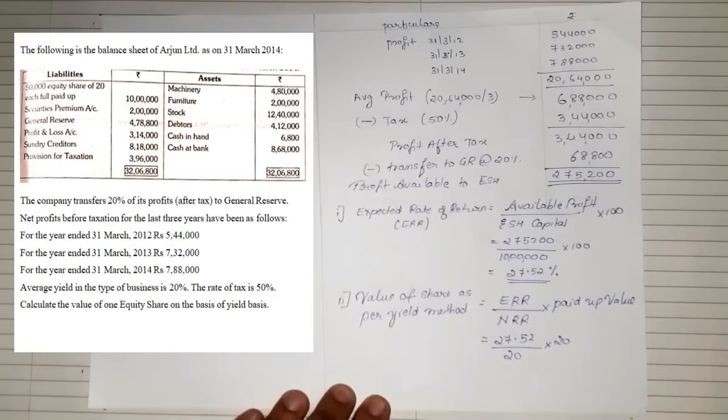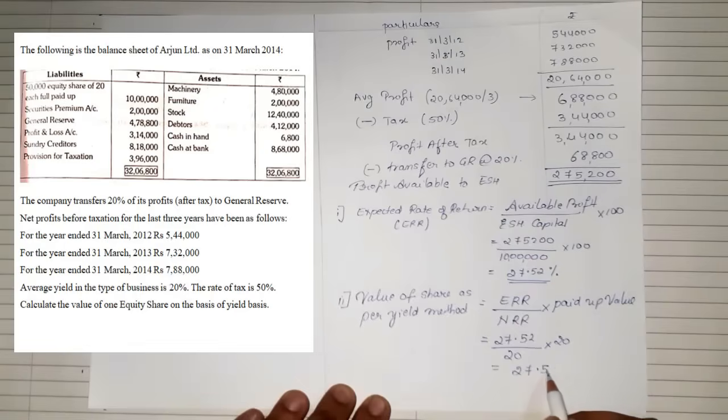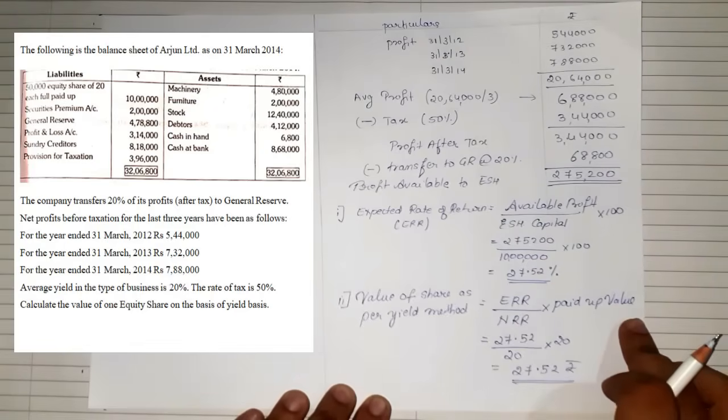So into 20, remember no percentage, we just have to take the value directly. So 27.52 upon 20 into 20, and the final answer you get is your value of share. Because 20 and 20 get cut down, 27.52 rupees is the value of share as per yield method.